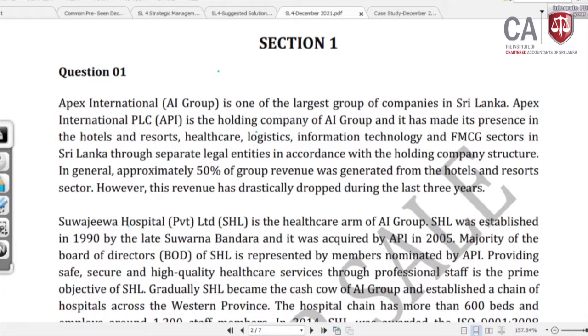So, we will look at paragraph 2 also to identify more stakeholder parties.